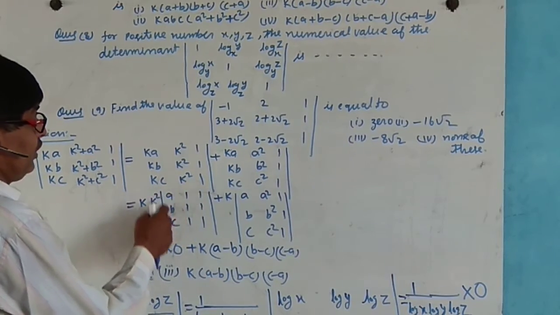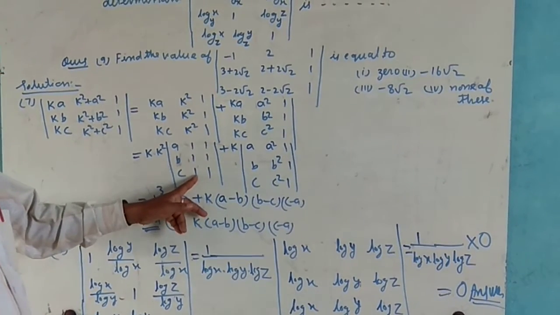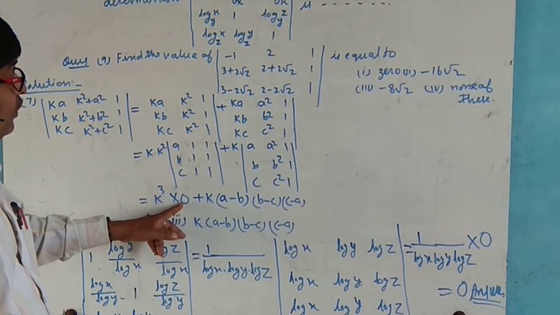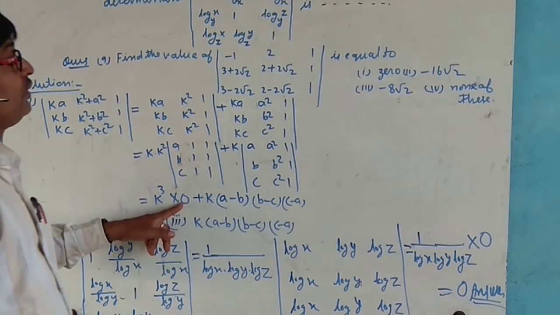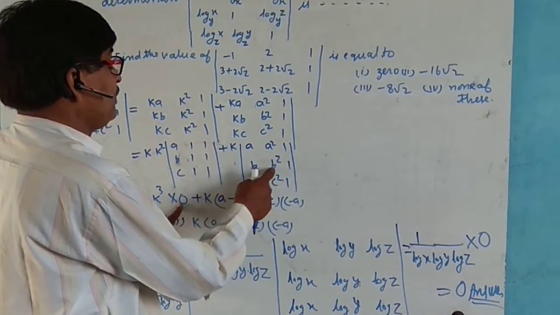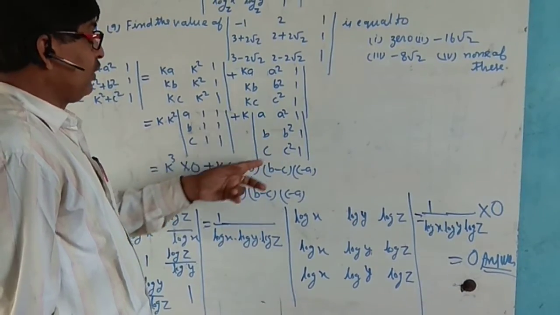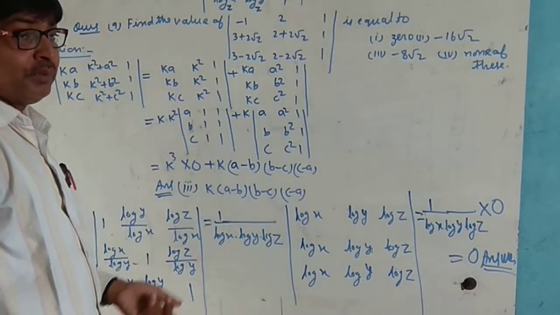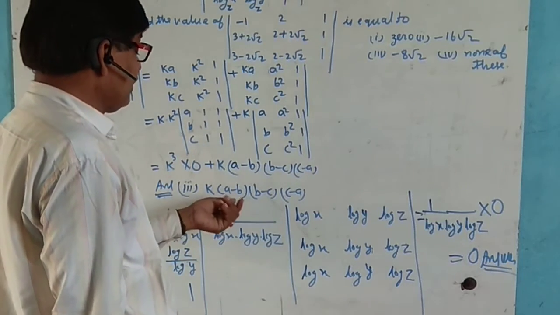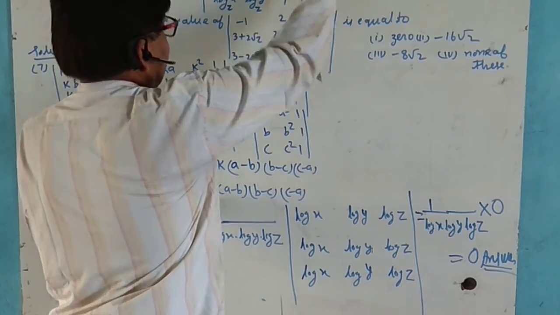As we know that if any two rows or columns are the same, the value is equal to 0, so this is equal to 0. Now take the common K, A square 1, B square 1, C square 1, the value of which we solved in the previous videos, A minus B, B minus C, C minus A, so that the third is correct.